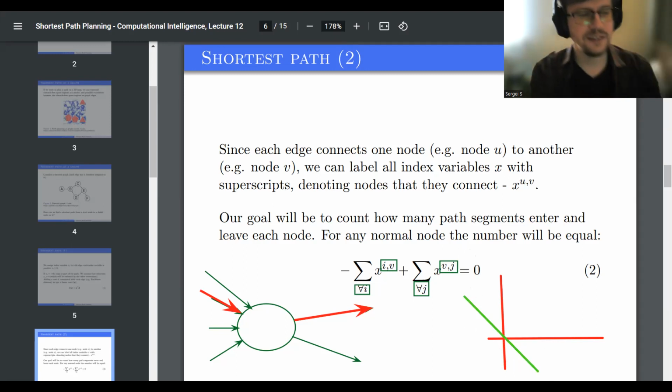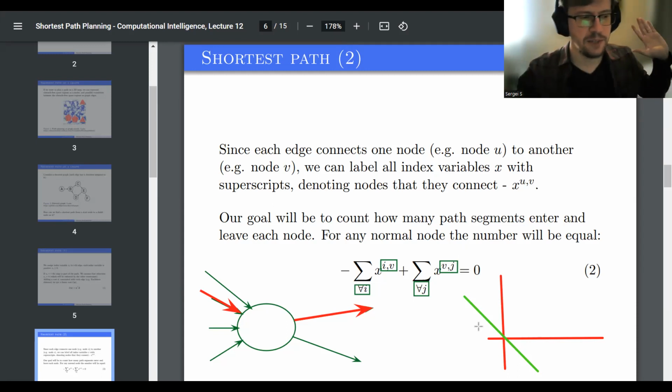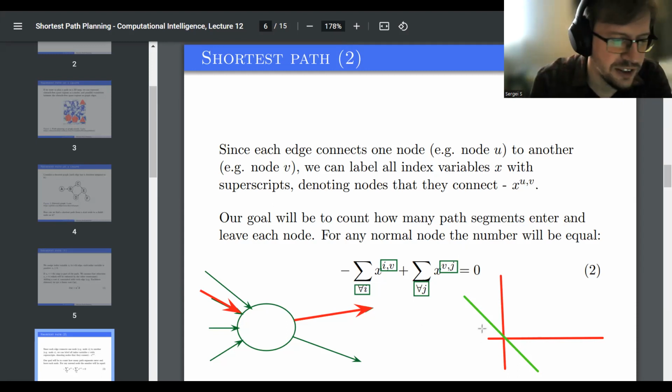So it is a diagonal line that lies in the middle of a quadrant. Yeah, and it looks like this. Of course in high dimensions it would be a hyperplane, but the point is it still kind of looks like this.